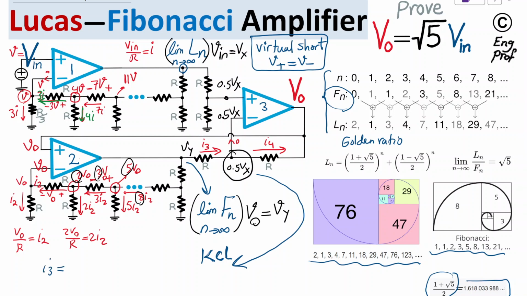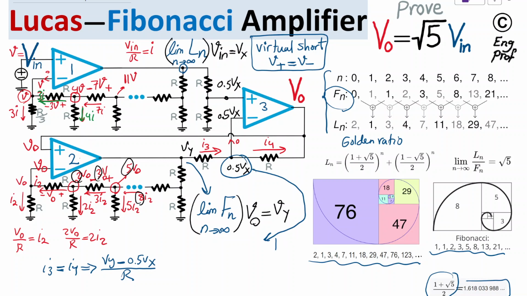I'm going to write it here. I3 is equal to I4, and if I substitute for that, I get Vy minus 0.5 Vx, the two voltages across R. You can see that on one side we have 0.5 Vx, on the other side we have Vy. So we get Vy minus 0.5 Vx divided by R. So I'm writing a KCL, Kirchhoff current law, is equal to, so that is for I3, and for I4 I have 0.5 Vx, and on the other side I have Vout.